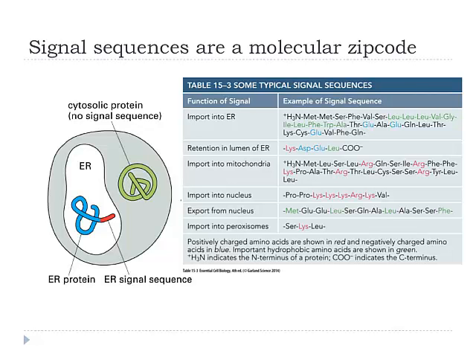Okay, so to get into the ER, the signal has to be at the N-terminus end. Proteins that are destined for the ER, where are they translated?